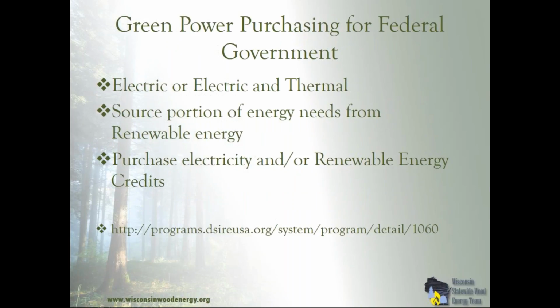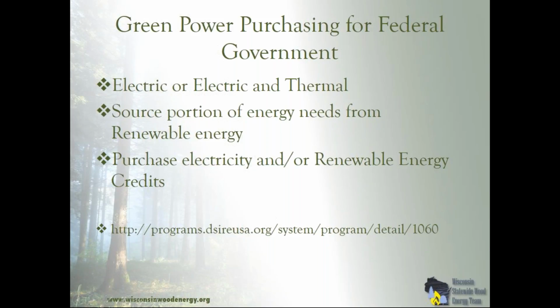Another way to help pay for a project is that the government has a target for green power purchasing, so they want to buy a minimum amount of renewable energy for their facilities. This can be electric or thermal, and sometimes they will just buy the renewable energy credits or the electricity.